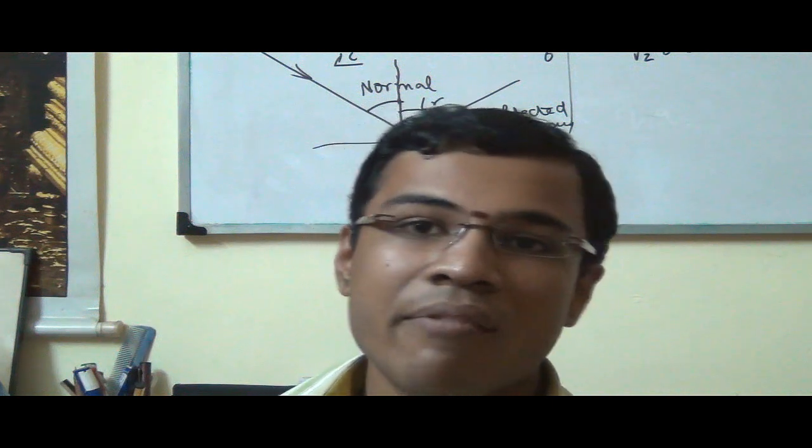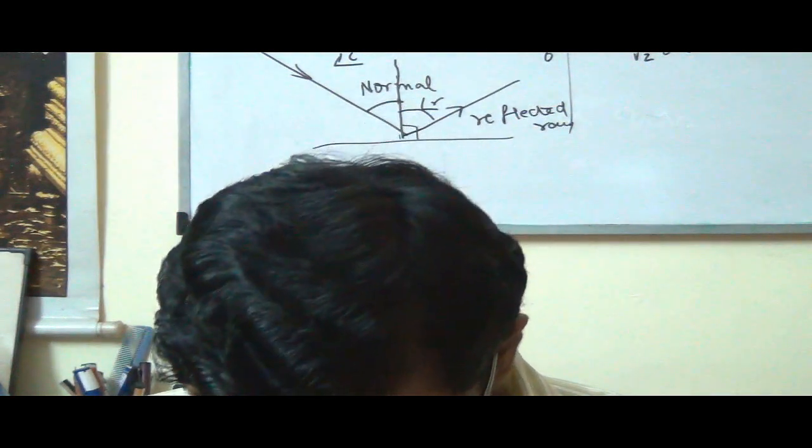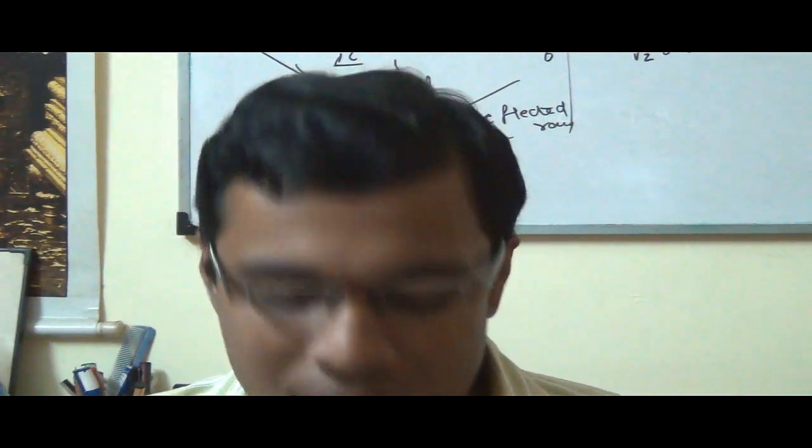Okay, fine. For this part of what we have discussed, I will give you one small question for you to sit and analyze and learn. This question is for you to analyze, as well as from the examination point of view.